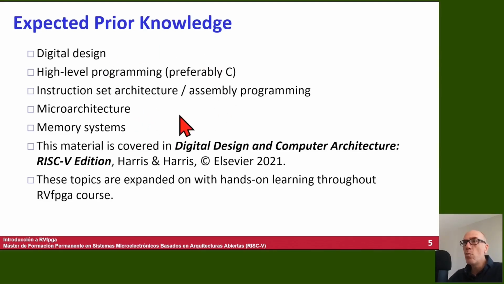All this is covered extensively in Digital Design and Computer Architecture, RISC-V edition by Sarah and David Harris, published by Elsevier in 2021, and these aspects are also thoroughly explored through practical exercises in the RVfpga course.